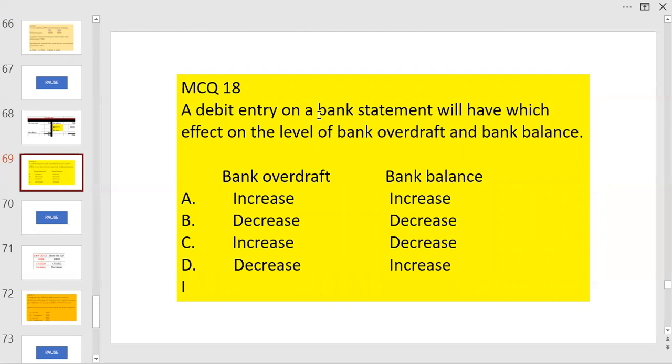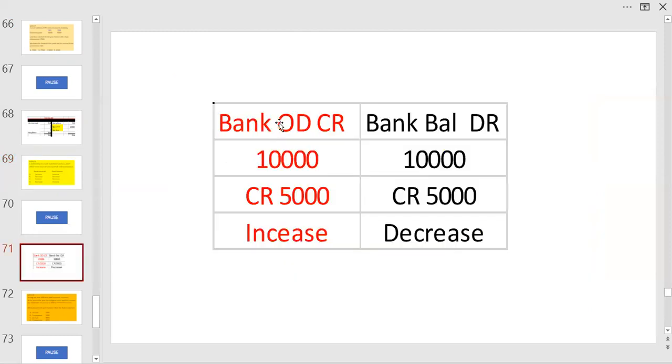Now let us put this into a small working we have made for you all. In that, if you see, say bank overdraft, which is a credit balance, and bank balance, which is a debit balance. Just for example, to do a working, say the balance is 10,000.